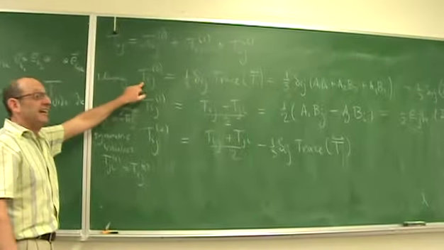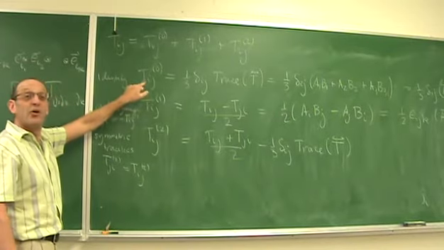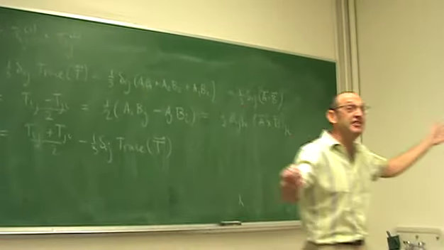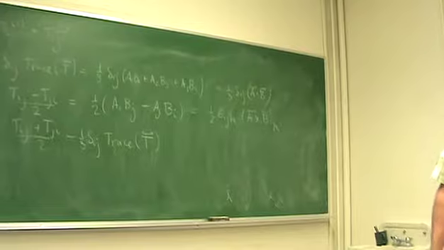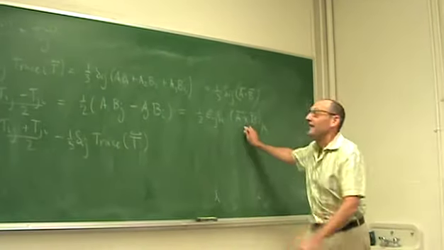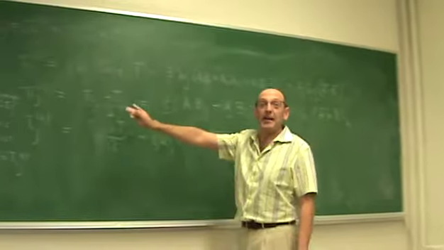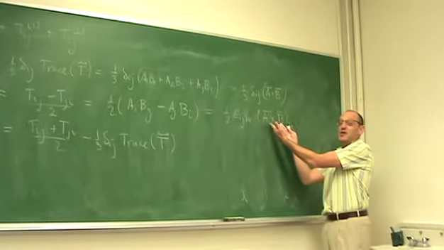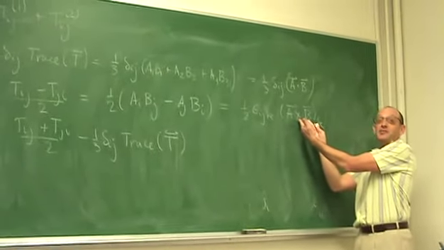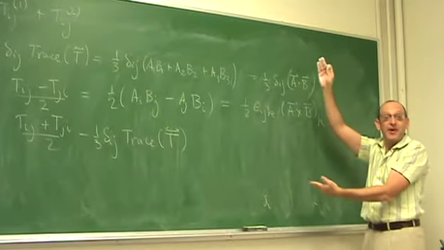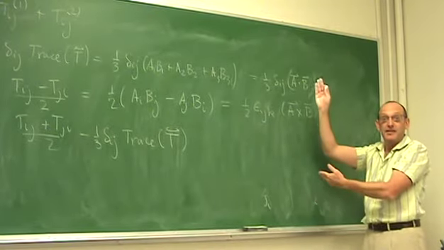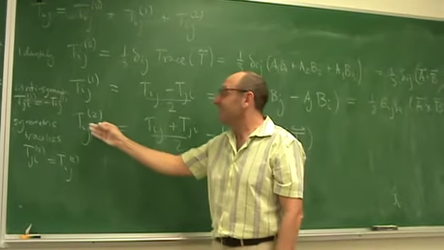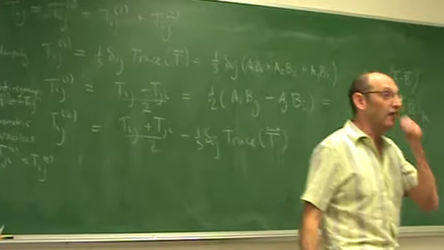Under a rotation, Tij superscript 0 goes to itself because the identity matrix doesn't change under a rotation. Under a rotation, an antisymmetric matrix goes to another antisymmetric matrix because a rotation just rotates this cross product to the rotated cross product, A prime cross B prime. And moreover, what's left after rotation is Tij superscript 2, which goes to itself.